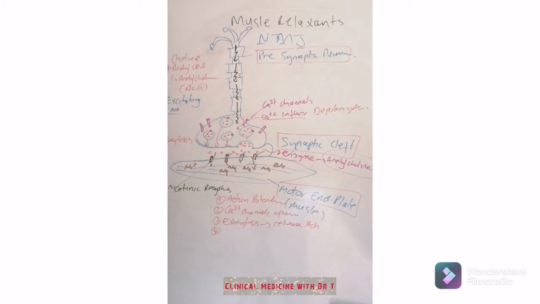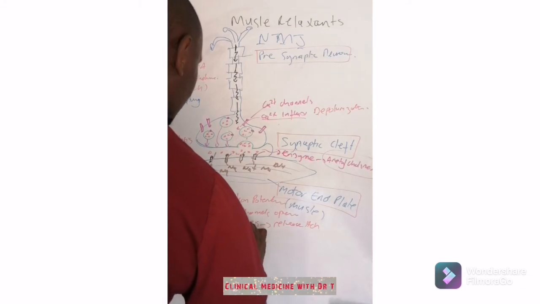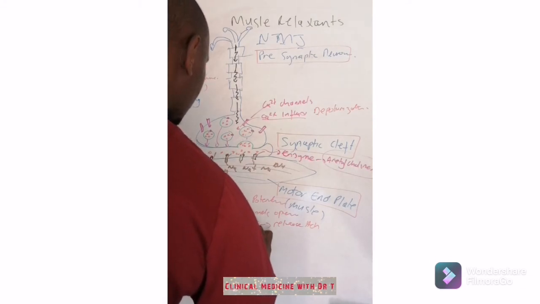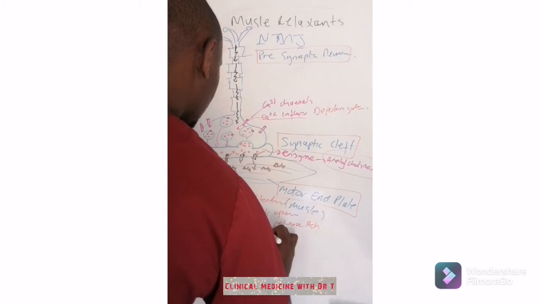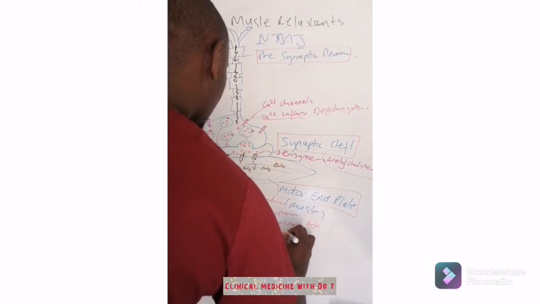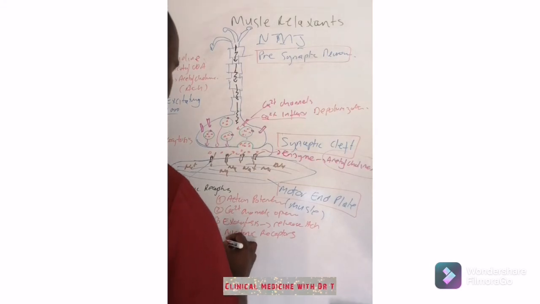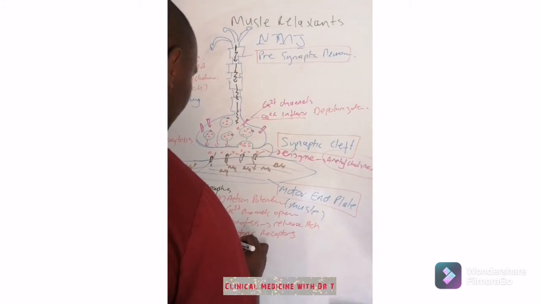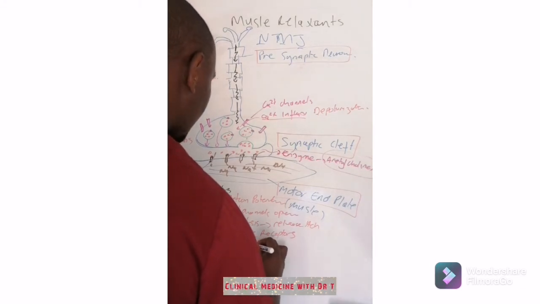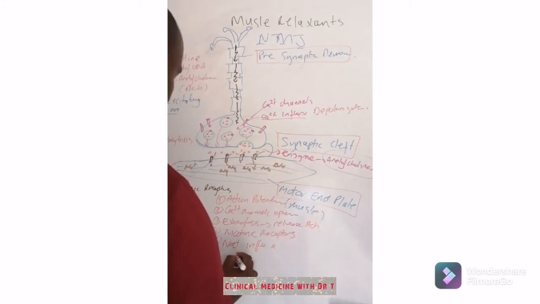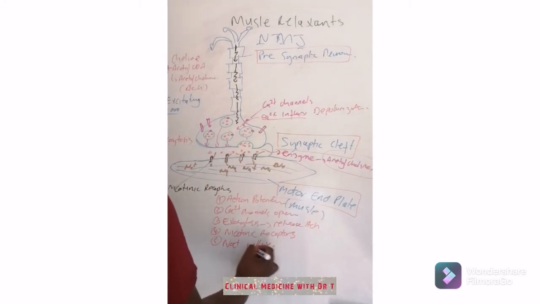Once acetylcholine has been released into the synaptic cleft, it attaches to the nicotinic receptors. Once the nicotinic receptors have been stimulated, they undergo a conformational change, and that results in sodium cations moving into the muscle, an influx of sodium cations.